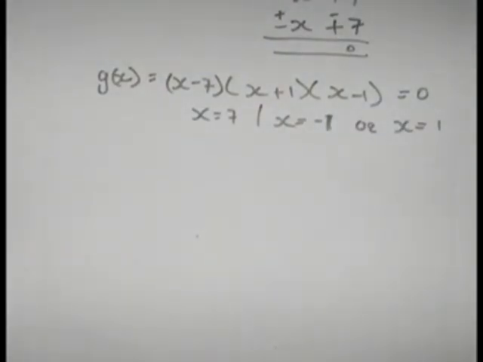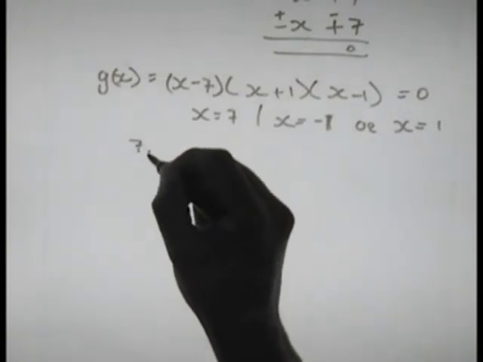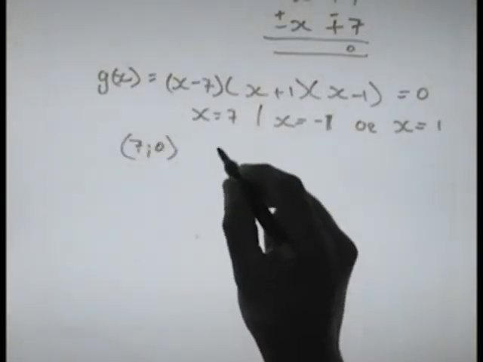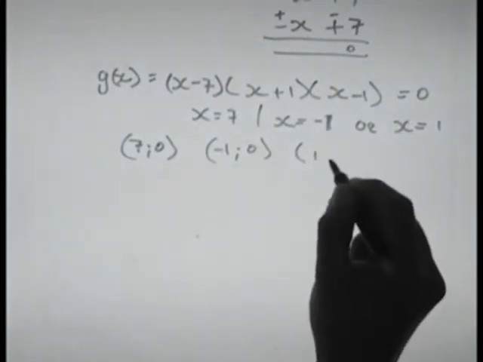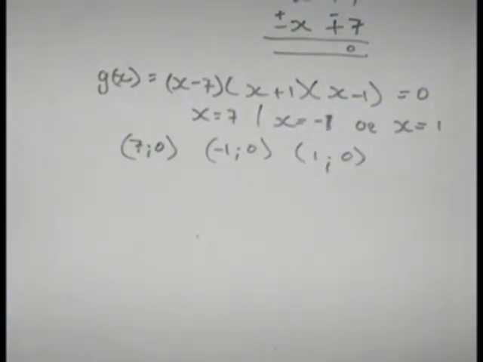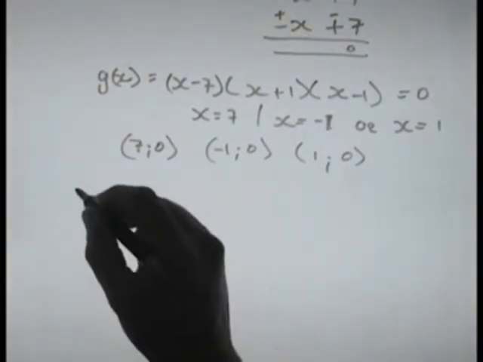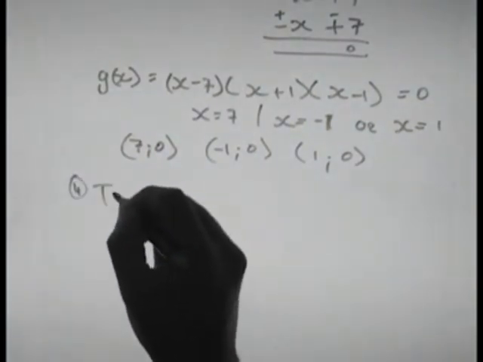The coordinates would be 7, 0, negative 1, 0, and 1, 0. And that's our x-intercepts.